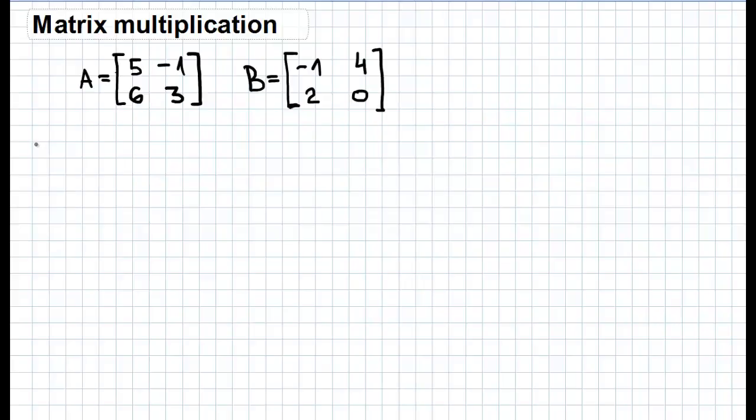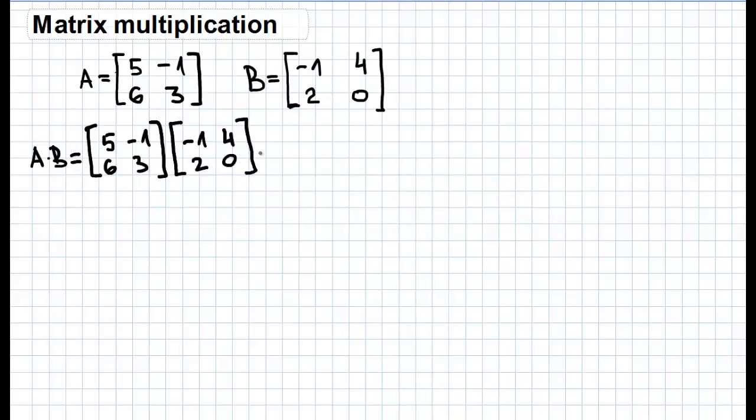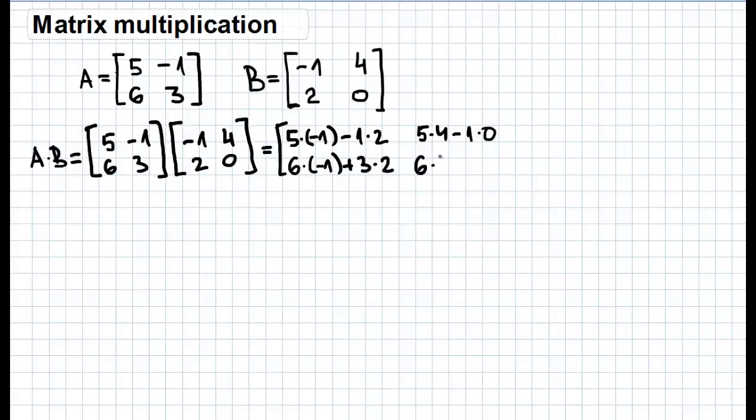So let's first calculate A times B. A times B equals matrix A, that is 5, minus 1, 6, 3, times matrix B, minus 1, 4, 2, 0, and this equals first column, first row, 5 times minus 1 minus 1 times 2, then 5 times 4 minus 1 times 0, then 6 times minus 1 plus 3 times 2, then 6 times 4 plus 3 times 0.